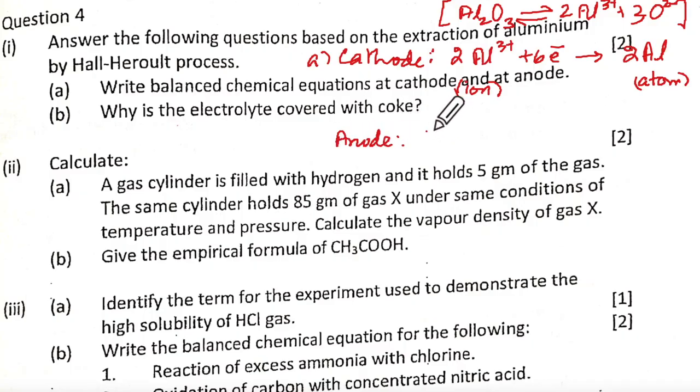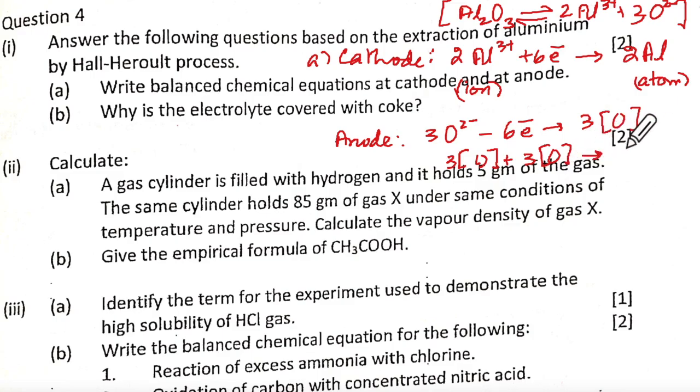At anode, 3O2- minus 6 electrons will give us 3O, and in the next step 3O plus 3O gives 3O2. Okay, understanding.